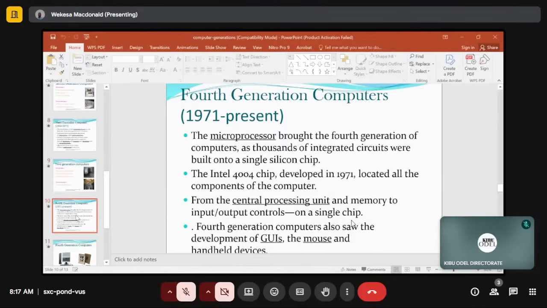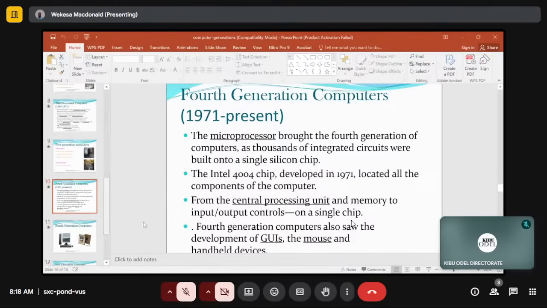Third generation, they had integrated circuit. But fourth generation, they had what's called very large integrated circuit. Okay? And this formed what's called now CPU, Central Processing Unit. We shall cover it maybe in the next session, okay?